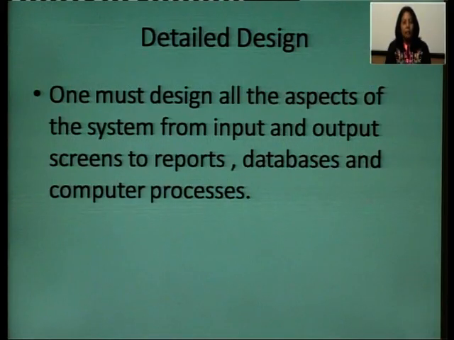So detailed design means that one must design all the aspects of the system, from input and output, screens to reports, databases and the computer processes.